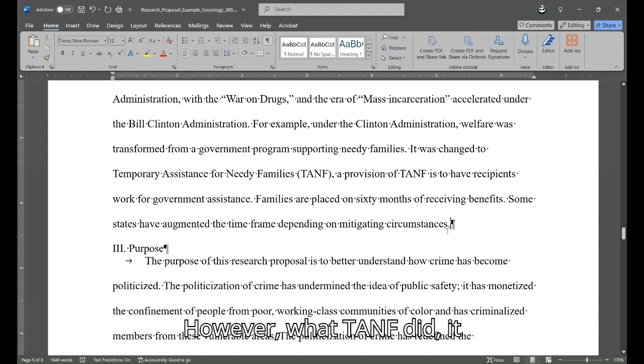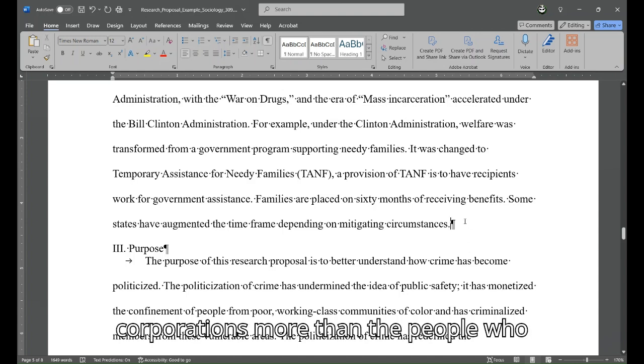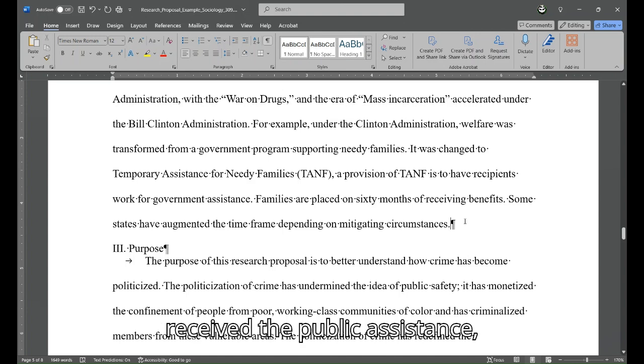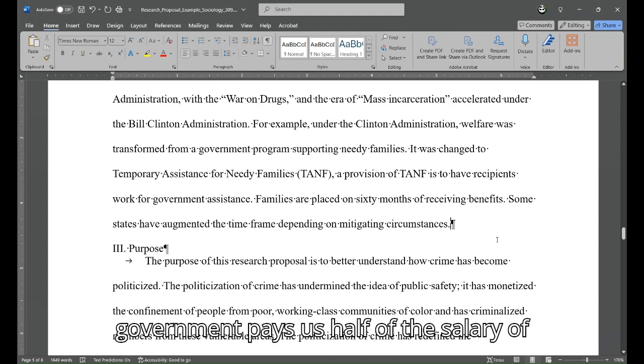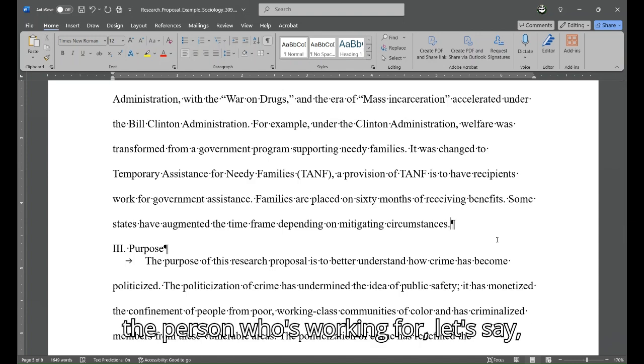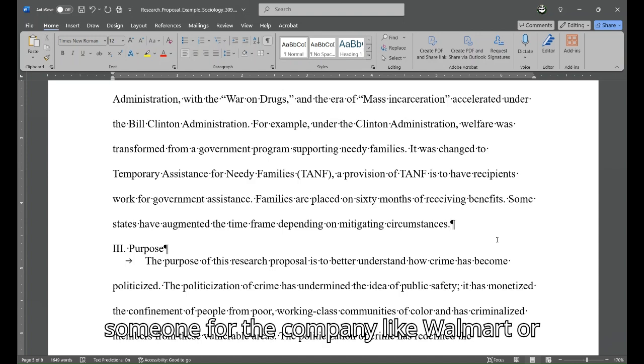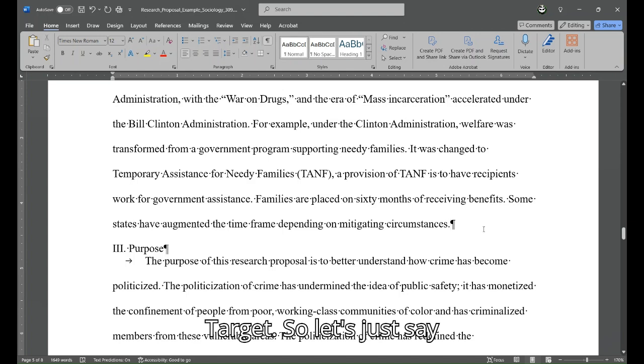However, what TANF did actually helped benefit corporations more than the people who receive the public assistance, because now the government pays half of the salary of the person who's working for, let's say, a company like Walmart or Target. So let's just say that minimum wage in California is $10.